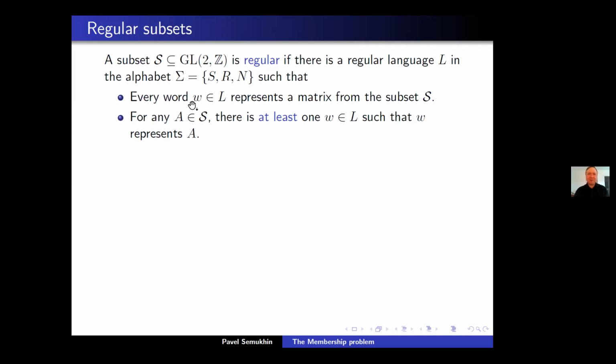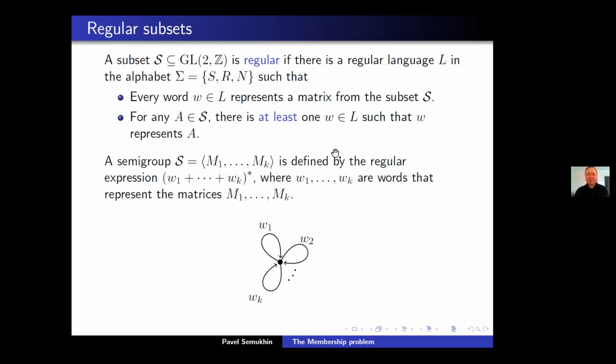First, every word W from L represents a matrix from the set S. And the second property is that for every matrix A from S, there is at least one word W from the set L which represents A.